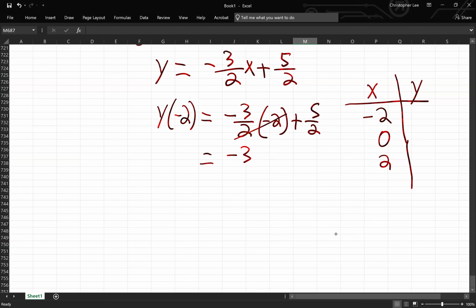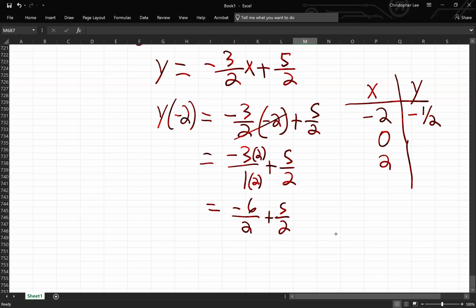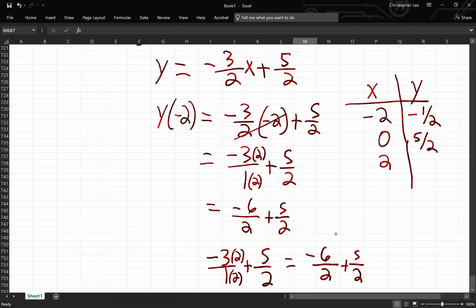This becomes -3 over 1 times -1 plus 5 over 2. That's why we hate fractions. 0, you already know, is just 5 over 2. Plugging in 2 gives -3 over 1 plus 5 over 2, which is -6 over 2 plus 5 over 2, or -1/2.